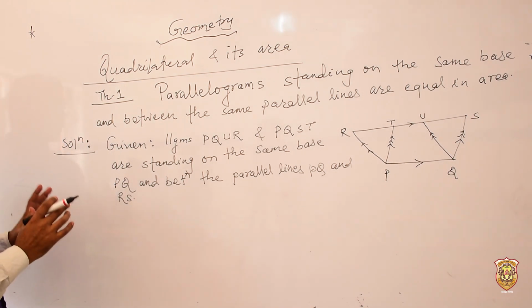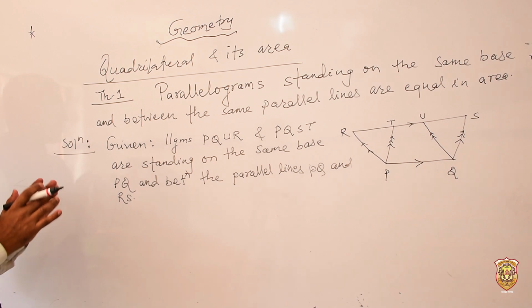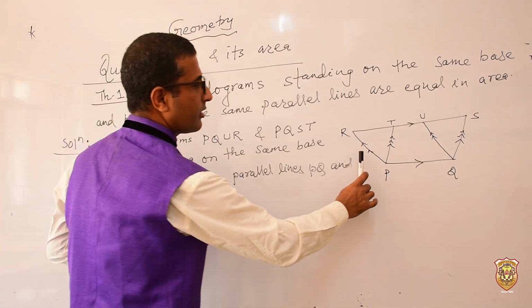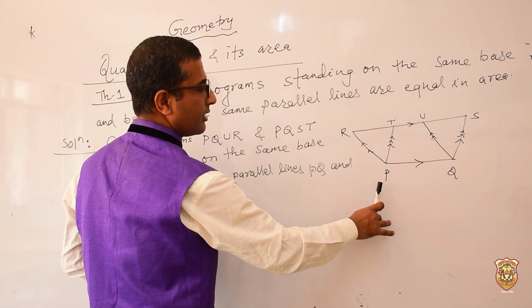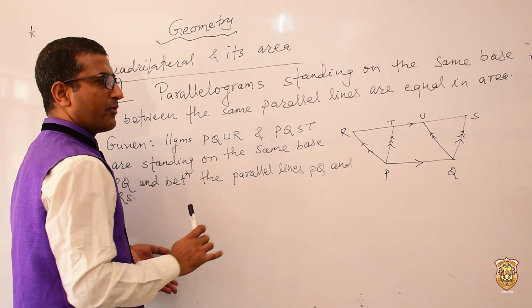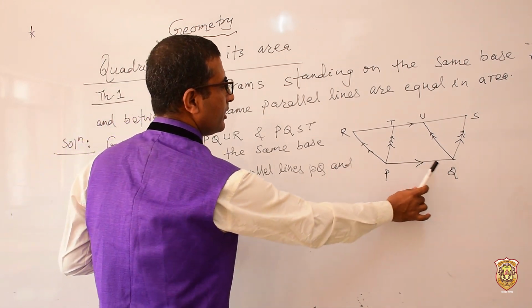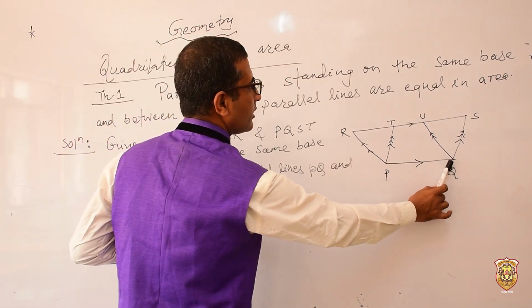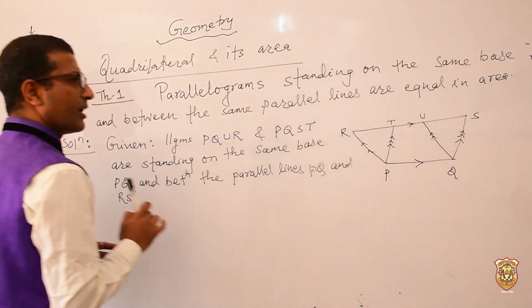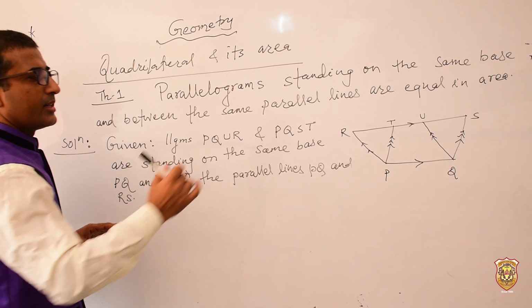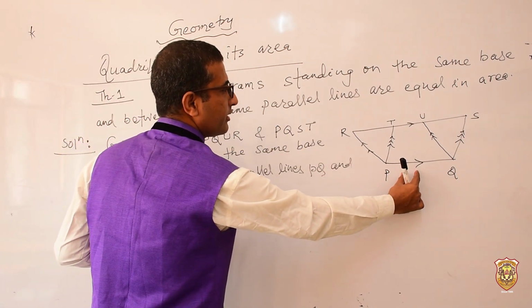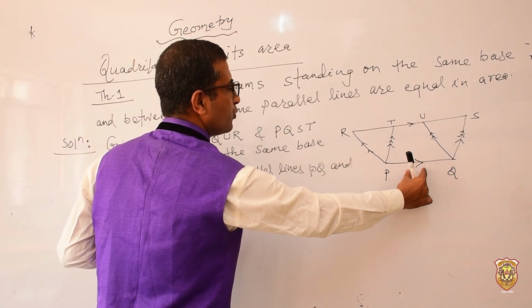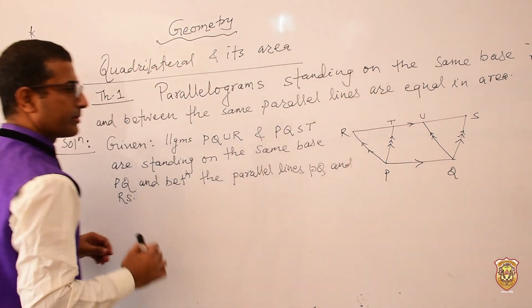We will start generally in given with the name of the parallelogram. From the figure and by the arrows we can clearly see the names are PQUR and PQST. There are two parallelograms. They are standing on the same base PQ and between the two parallel lines PQ and RS.